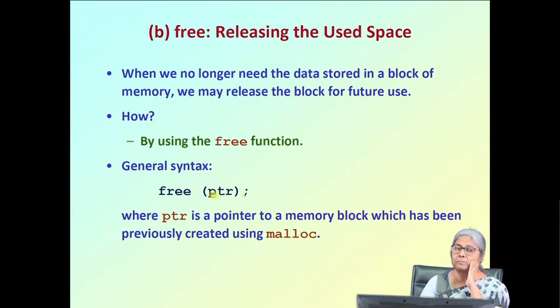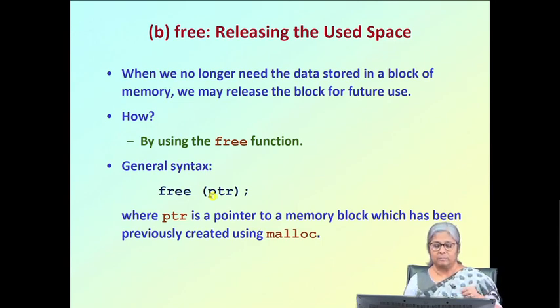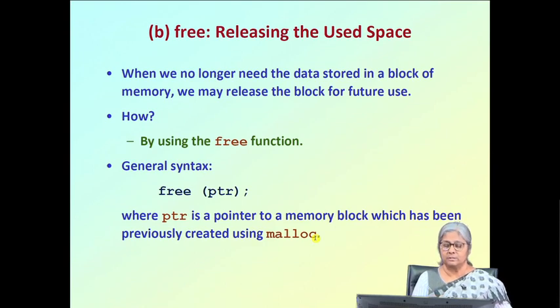If we give the pointer to free, it frees all the space whose first byte was pointed to by the pointer ptr, where ptr is a pointer to a memory block which has been previously created using malloc. The syntax is very simple: free(ptr), and this ptr must be the same ptr that malloc returned.